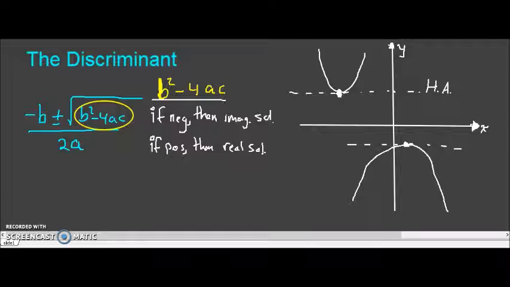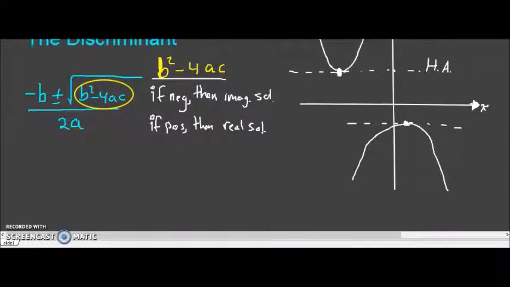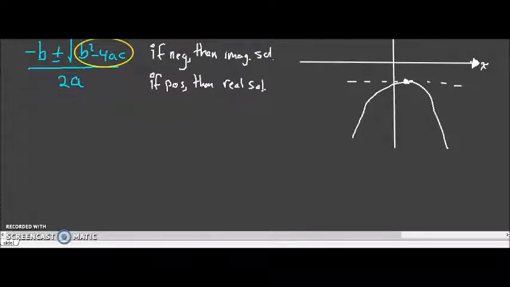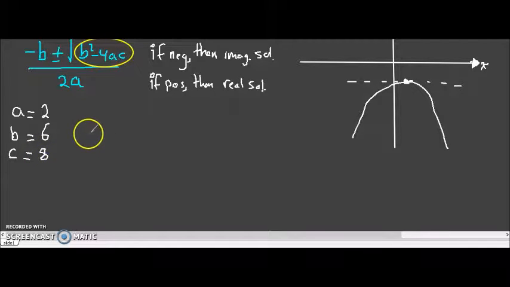So let's work through an example real briefly. Let's say that a in this example is equal to 2. Let's say b is equal to 6. And let's make c equal 8. So in this example, b squared is 36.